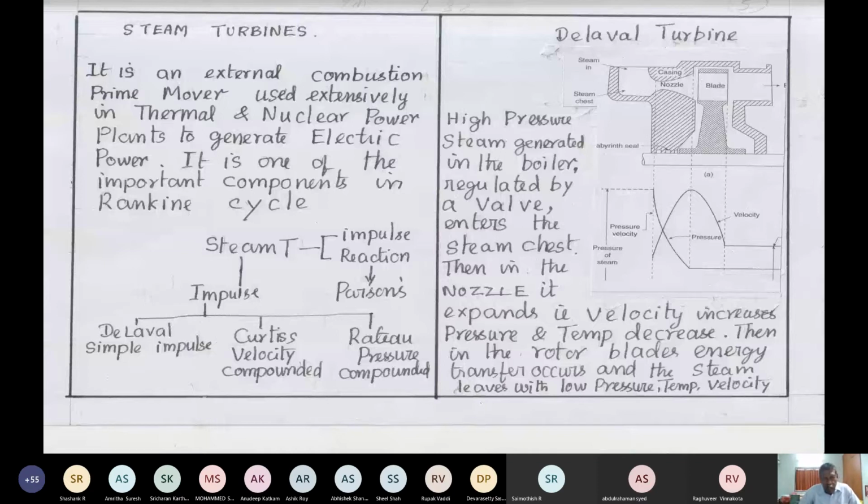Nuclear power plant also, final energy production is by steam turbines only. The thermal energy comes from the nuclear reactor, then steam is generated, and steam turbines are used in nuclear power plants to generate electric power. It is one of the important components in the Rankine cycle. See, because we cannot separate the Rankine cycle from this.